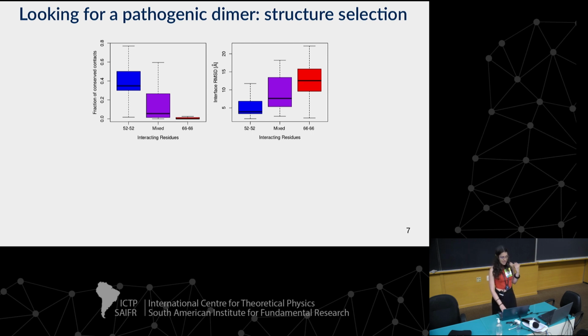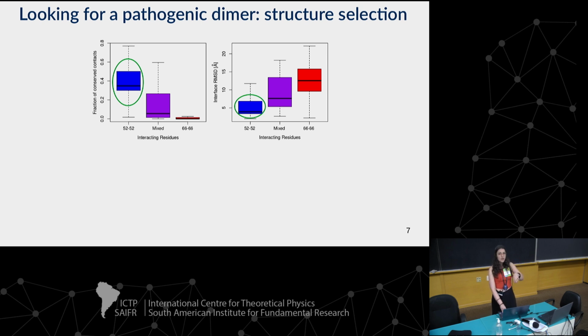And actually, it's clear that the dimers whose interfaces are mostly composed of isoleucine 52 on both sides display the highest fraction of conserved contacts and the lowest root mean square deviation. So apparently, the most stable pathogenic complex must reside in this group of dimers.